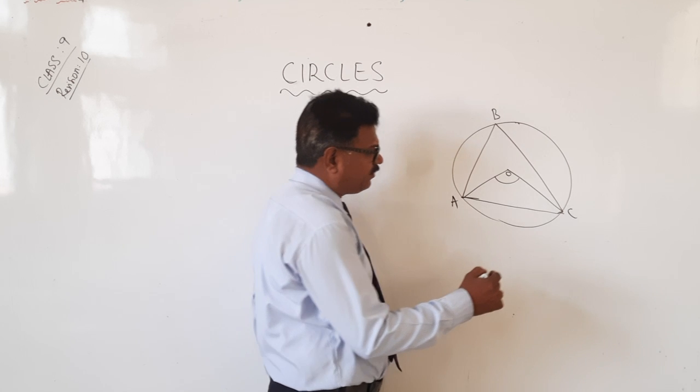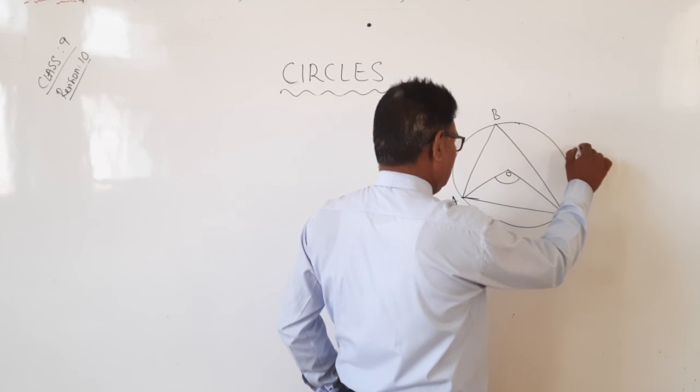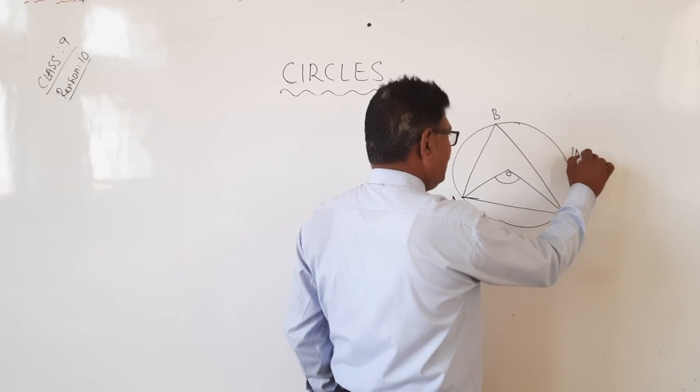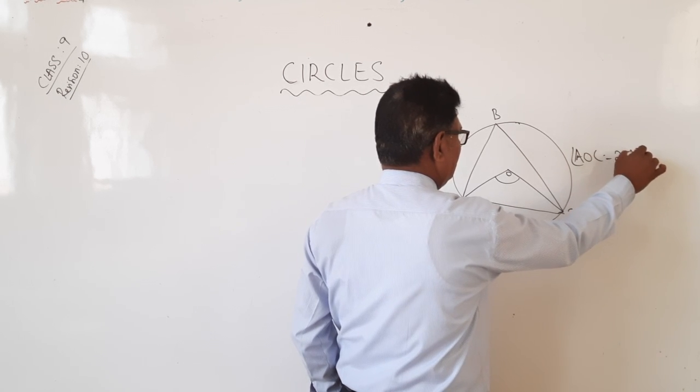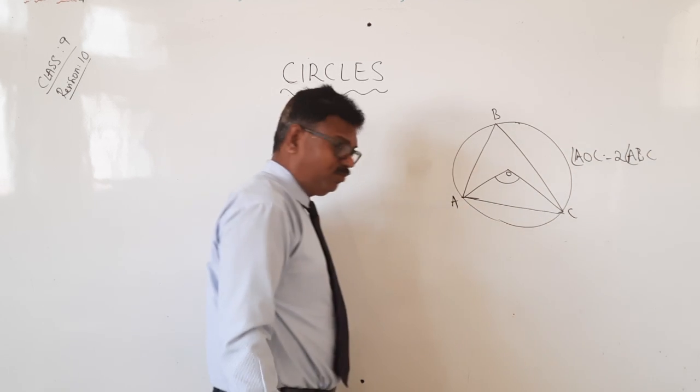Okay? That means we should prove that angle AOC equal to 2 times ABC. We have to prove like this.